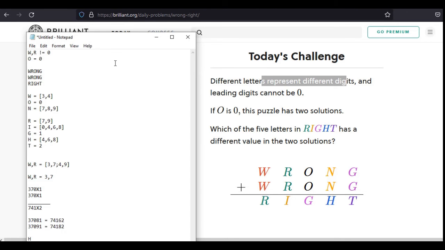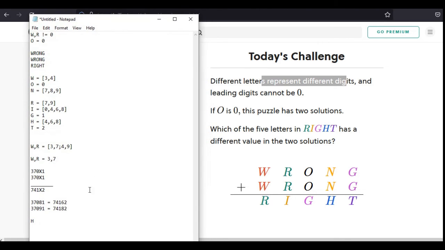Okay. What if we take the possibility of W, comma R is 4, comma 9? What happens then? So it is 490x1 plus 490x1.